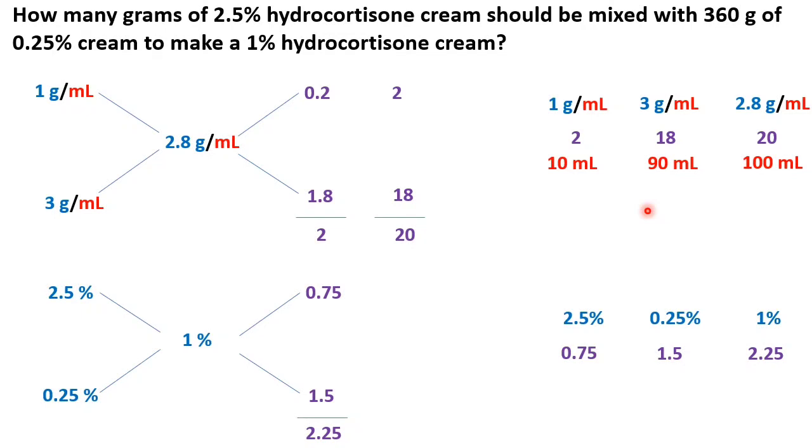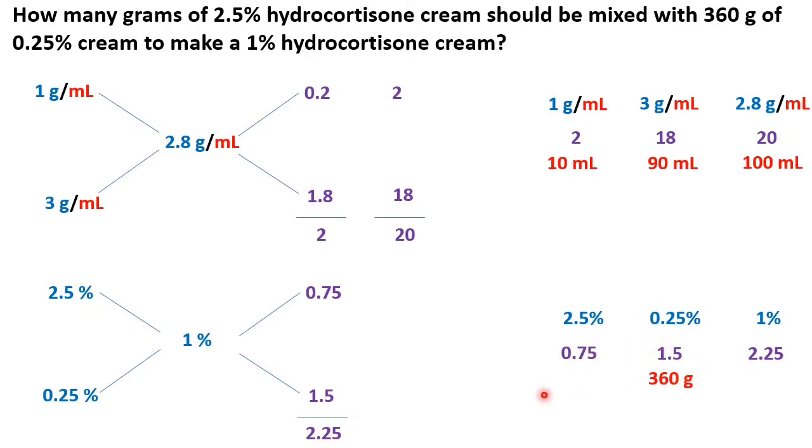We know that we need 360 grams of the 0.25% cream, so we put it here. 360 grams corresponds to 1.5 parts.